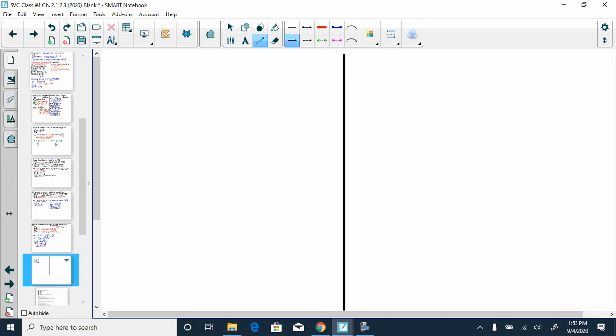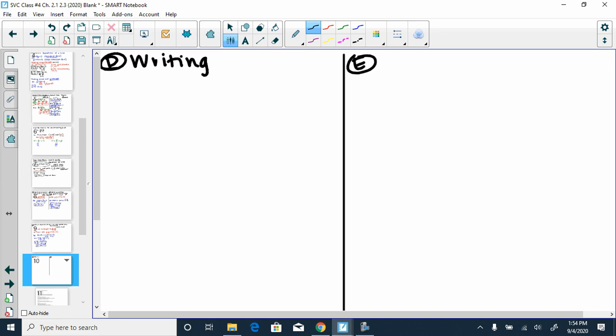All right. And then the last 2 examples here are writing equations of lines. One more time. Letter D and letter E is writing an equation that is parallel to another line.